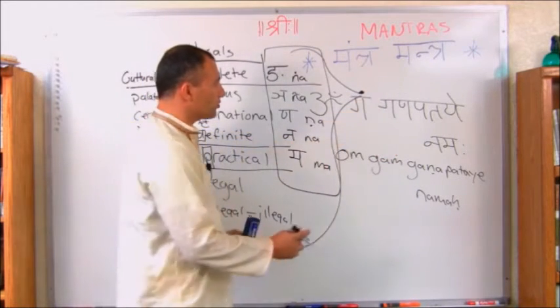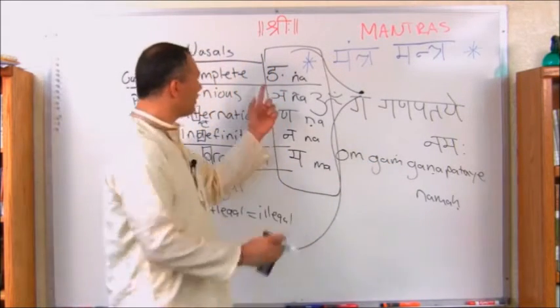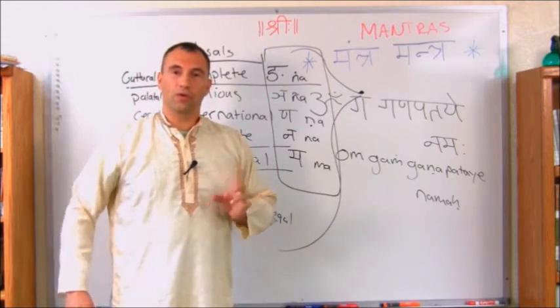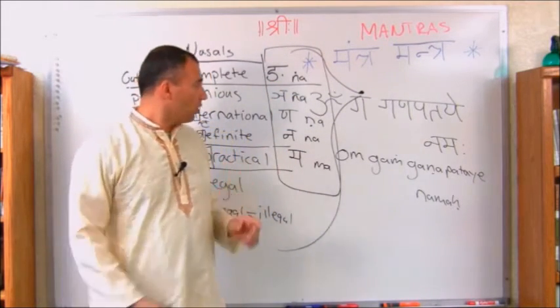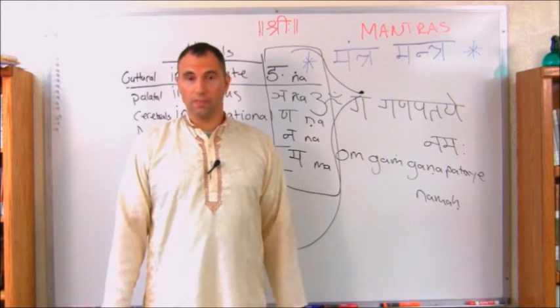Therefore, we can also write this as a guttural, ng. Most importantly, this is how we're going to say it. So now you can say om gum ganapataye, om gum, like chewing gum.